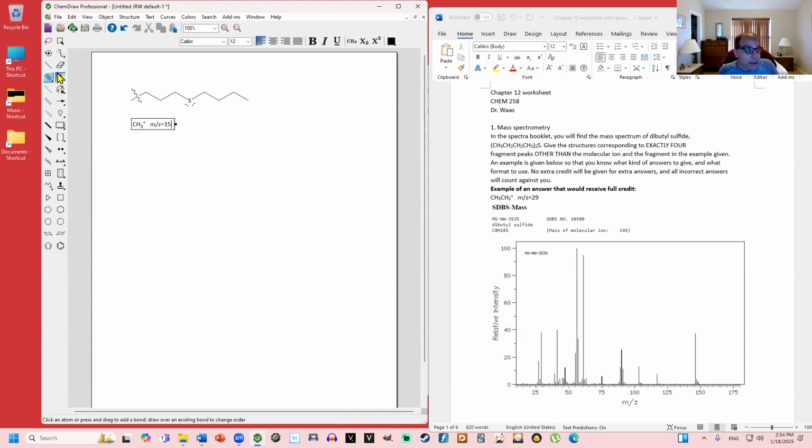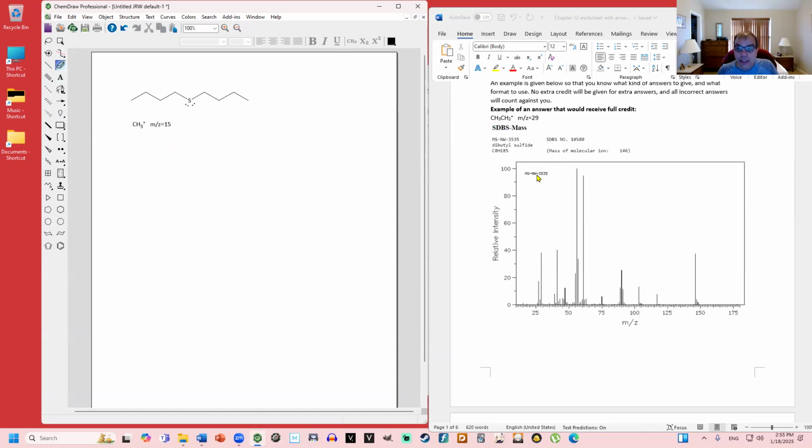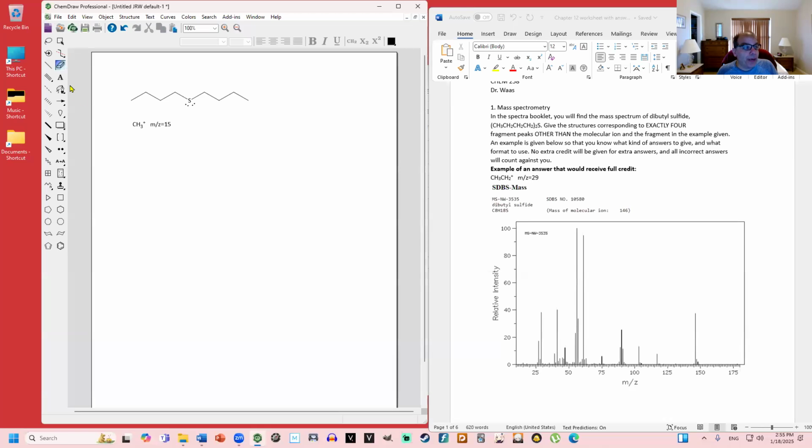Where else could we break a bond? Well, in the actual worksheet itself, where I give hints on where to start, I mention having the compound undergo a typical alpha cleavage, like we talked about in class, which means that you break the bond next to the bond between the carbon and the heteroatom.